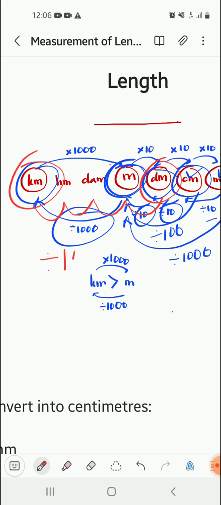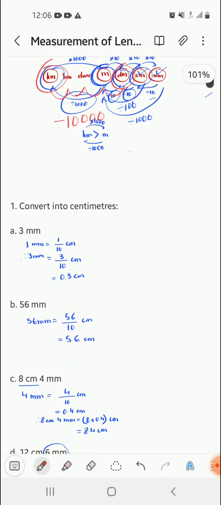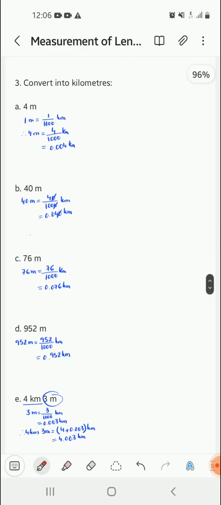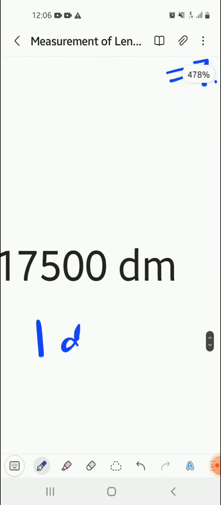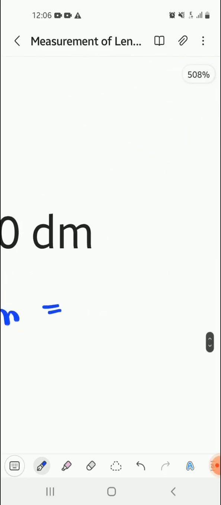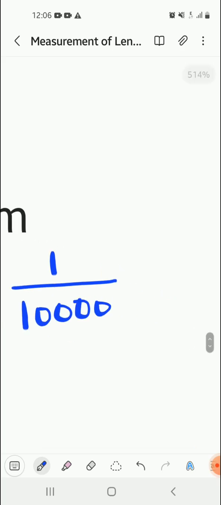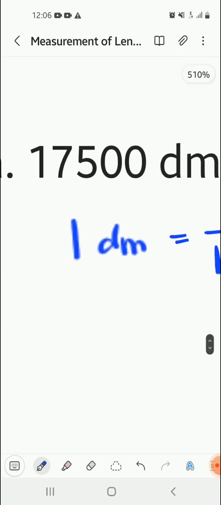So it will be divided by 10,000. So let's do it. So we know 1 decimeter is equal to 1 by 10,000 kilometer.